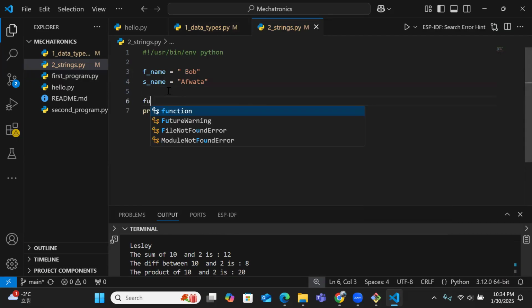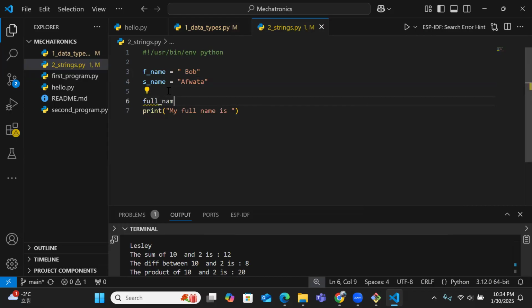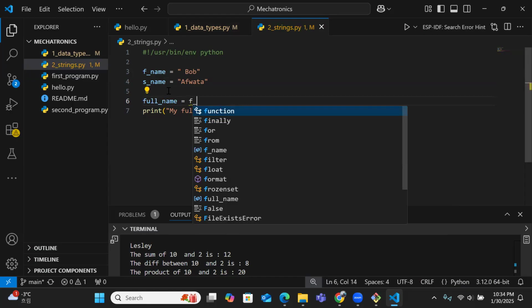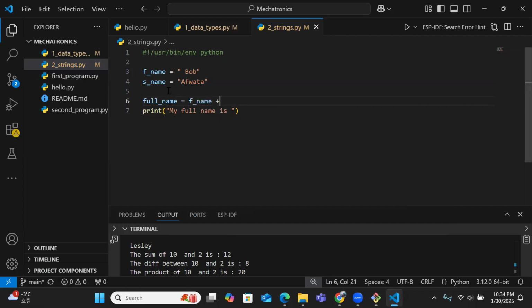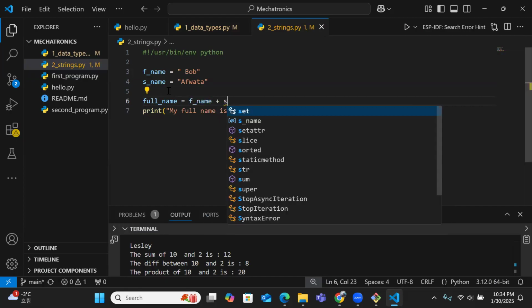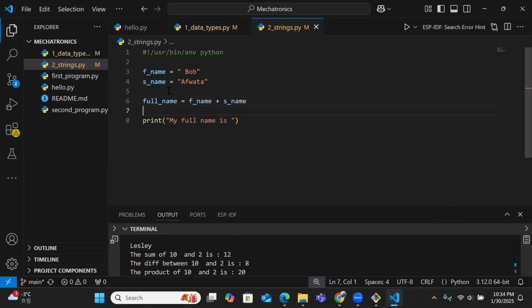You say full name is equal to first name, f name, plus s name. Are we together? So your full name is first name plus second name, and then you print it there.